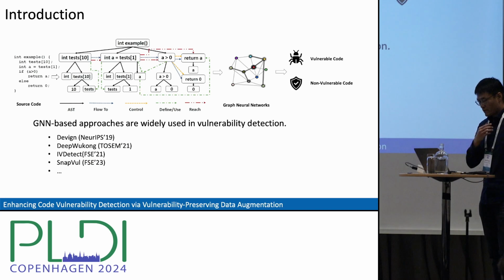Graph neural networks have been widely used in detecting software vulnerabilities, and the main idea of such works is using graph neural networks to learn the code semantics for vulnerability detection.